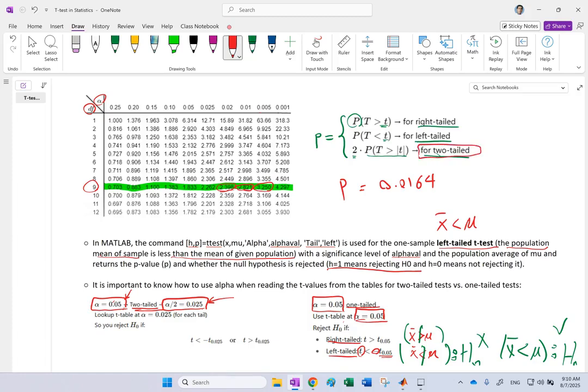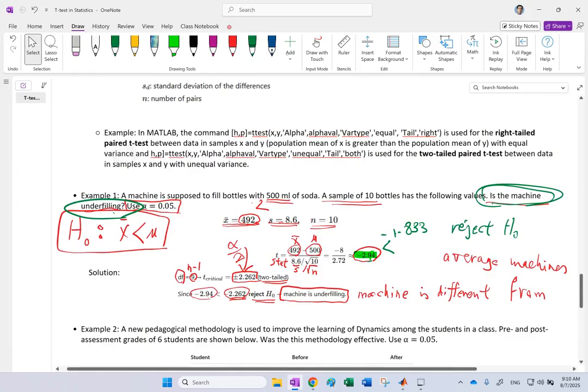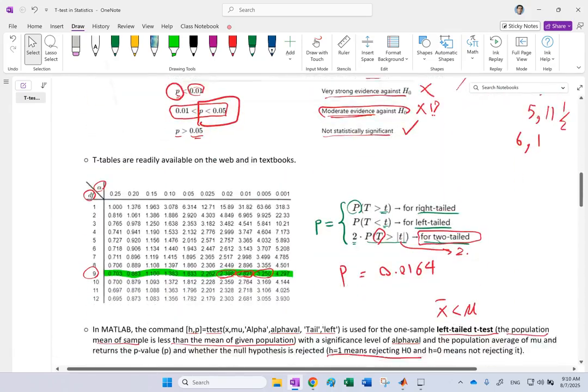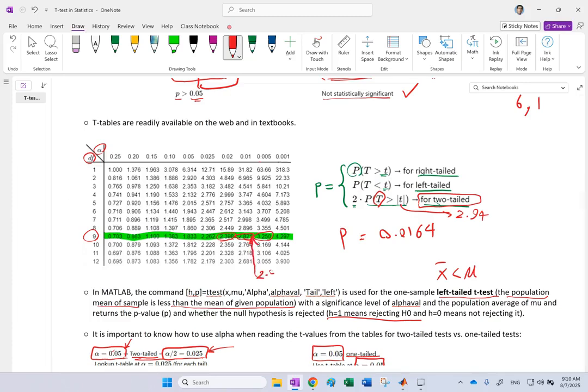So I need to find where the t at that 9 degrees of freedom passes the number that I had, which was 2.94. So where is it? It's right here. It's between these two alpha values that I passed 2.94. It's between 2.8 and 3.2.